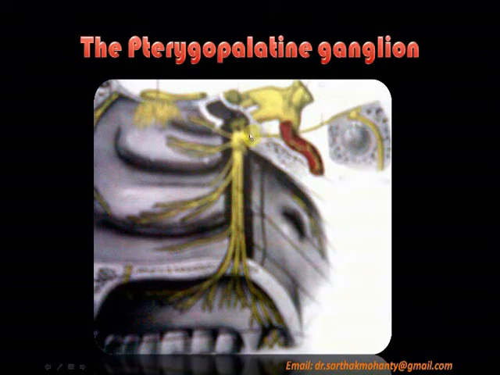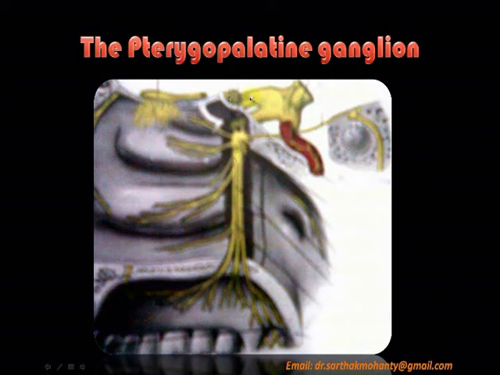From this ganglion arise several branches like the nasal branches, orbital branches, greater and lesser palatine nerves, and the pharyngeal branches.